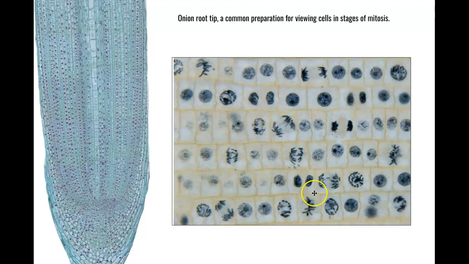And then if you see here, within this one box, this one cell, those chromosomes are being separated. And so this is anaphase, this is anaphase. This one's a very nice example of anaphase. And then here, this is somewhere between anaphase and telophase, because you've got the chromosomes really well separated. And it's within one cell.